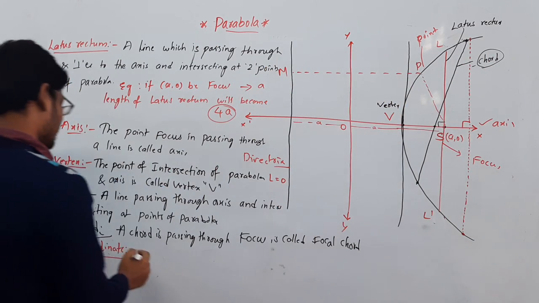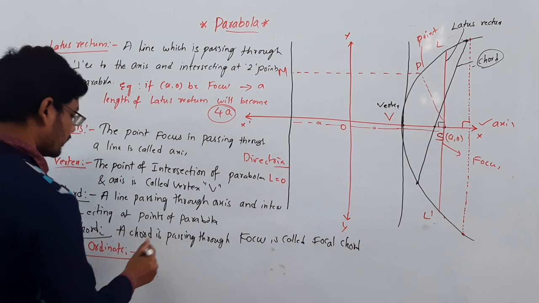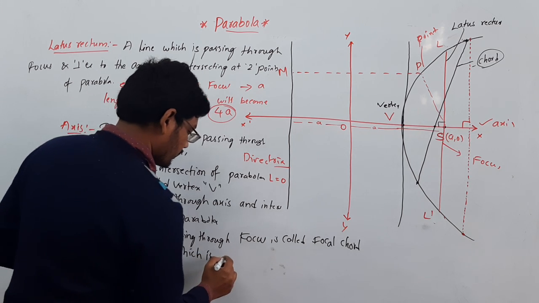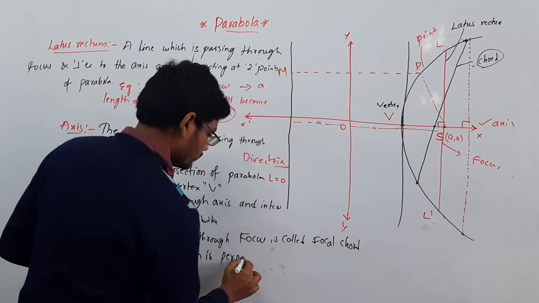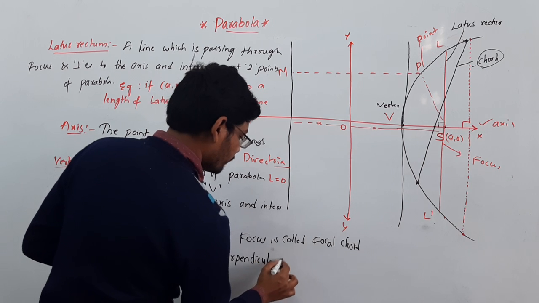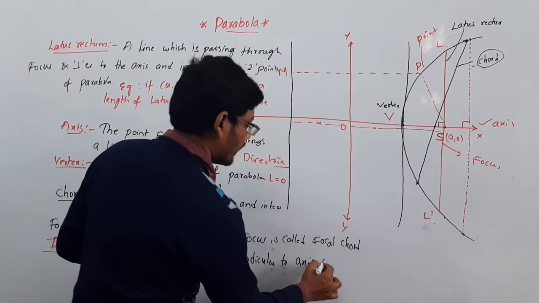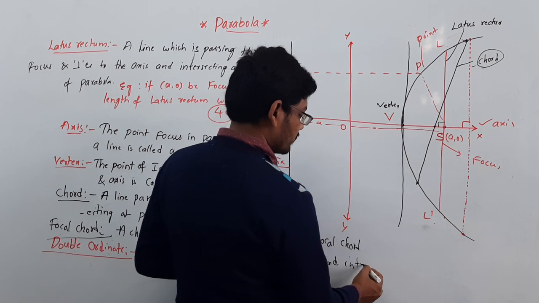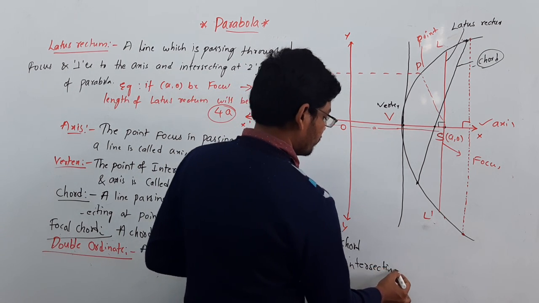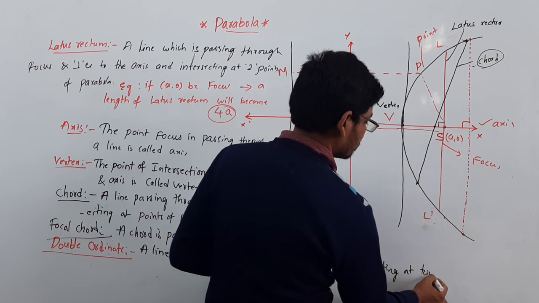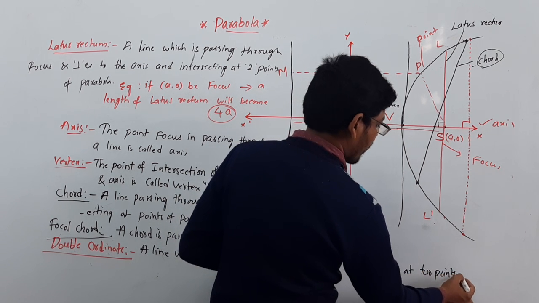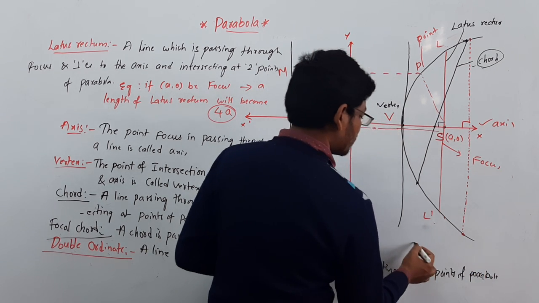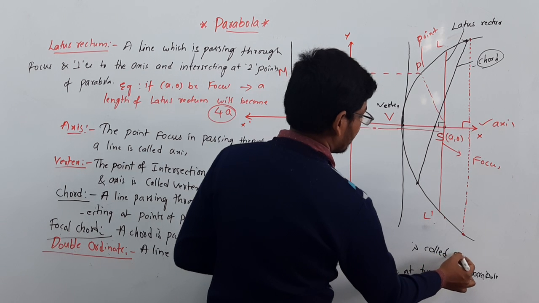Double ordinate is nothing but a line perpendicular to the axis and intersecting at 2 points of the parabola.